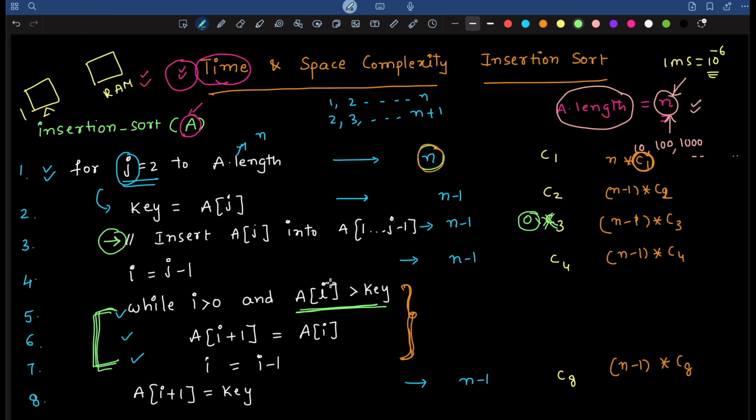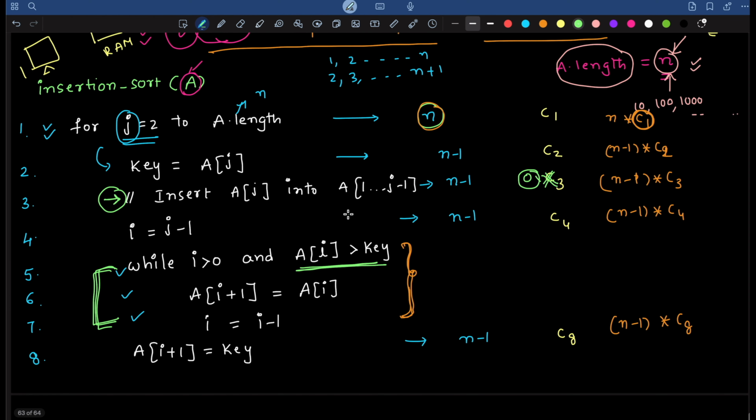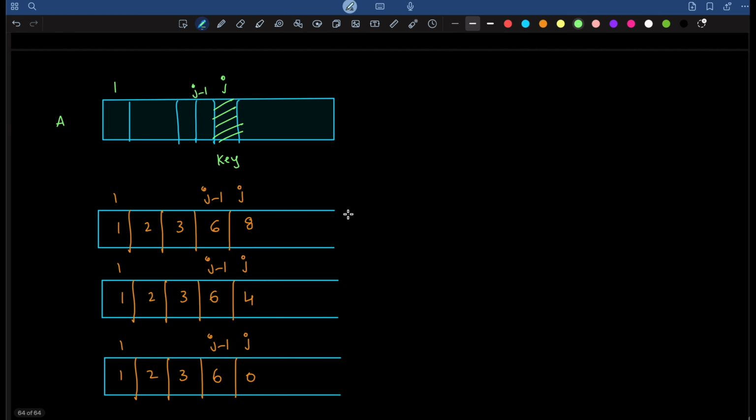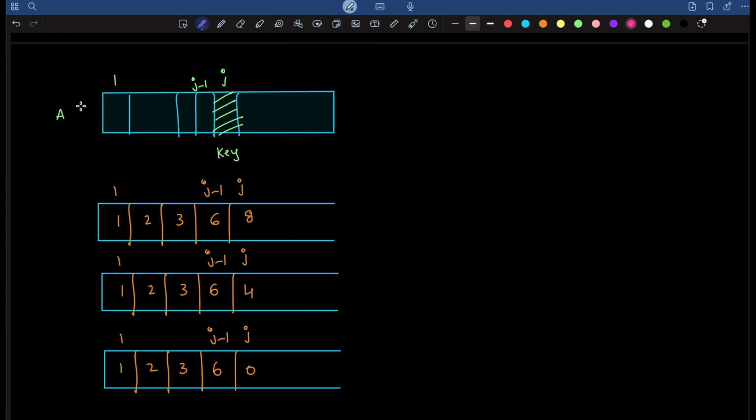Now, let me explain this with a simple diagram. Let's say I have an array A, and the element A of j. This is my element A of j, which we call the key as part of that algorithm. And I'm comparing this element with A of j minus 1, A of j minus 2, A of j minus 3, and so on down to A of 1 here.